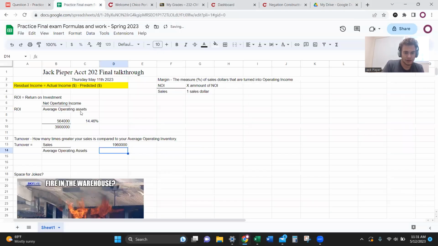Okay, I got the average operating assets of $1,240,140. All right, these are both in dollars, so I'll make them in dollars. And then we'll divide them. So turnover is going to be just a regular number.